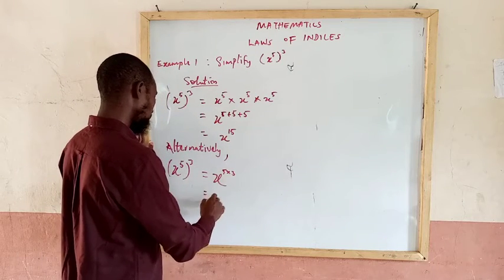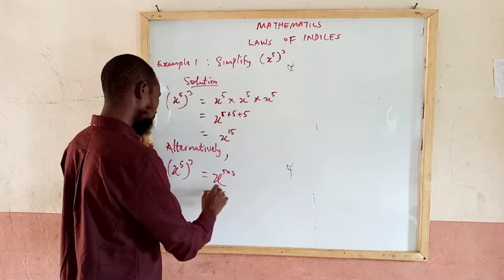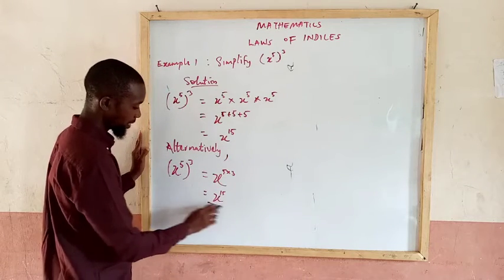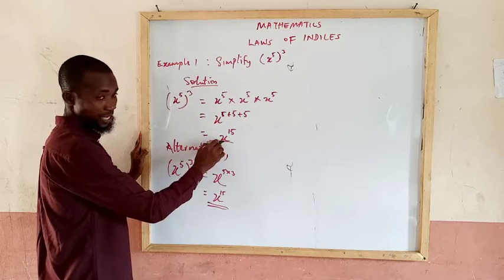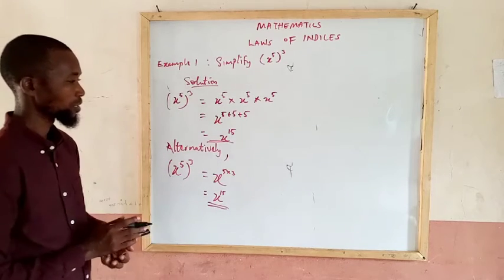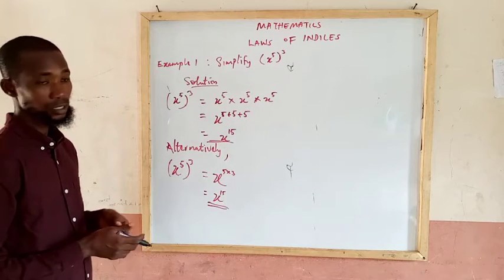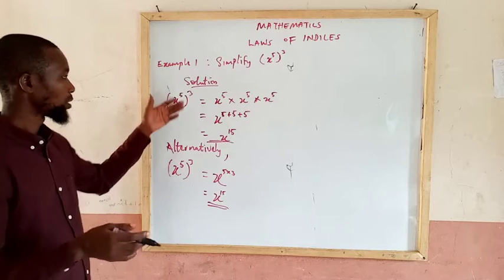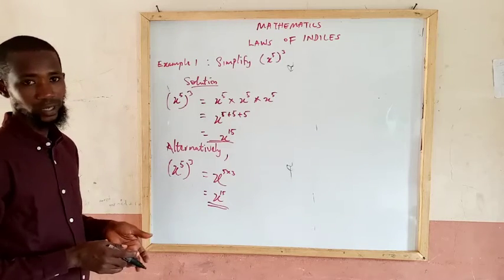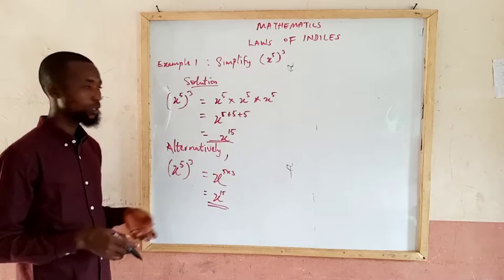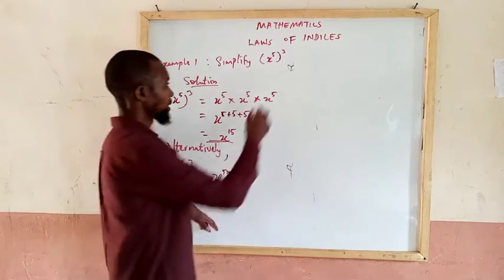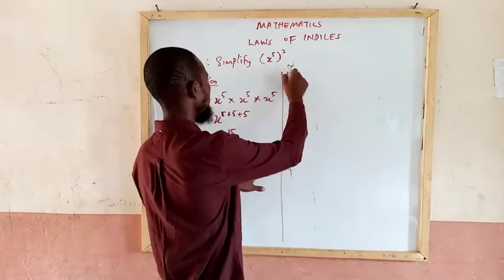And remember, the result of multiplying 5 by 3 gives 15. So when you compare the answer gotten here to the one here, we can see that it is still the same result. So it is now left to you as a student to pick which of the two methods you want to be using. Then the next example, example 2.